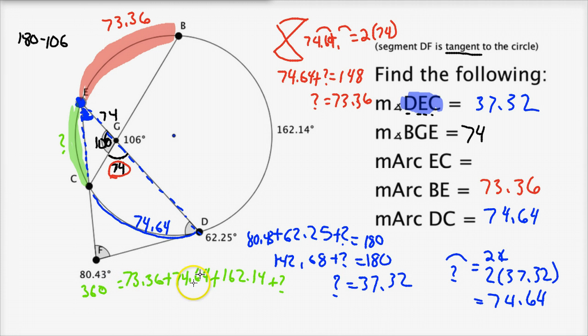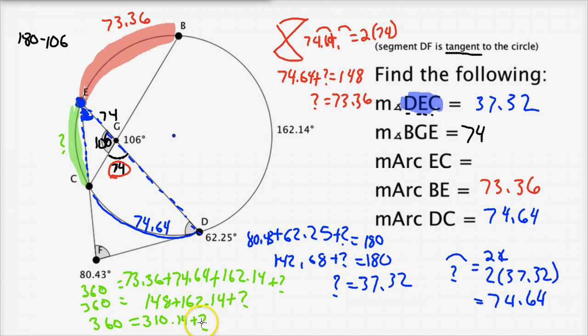Well, this is that 74 plus 74, so that's 148 plus 162.14 plus a question mark equals 360. All right, so let's see, 148 and 162. 48 and 62 would make 110, so this is going to give me 310.14 plus a question mark equals 360.